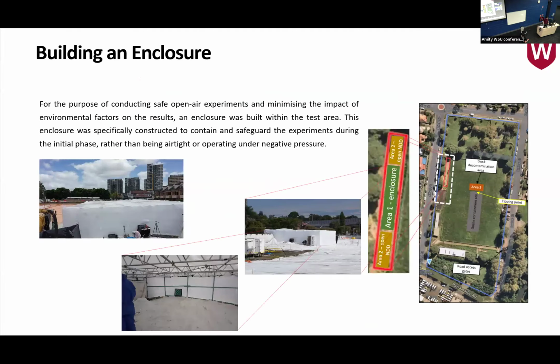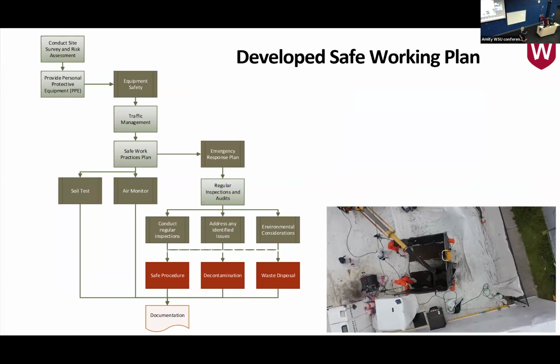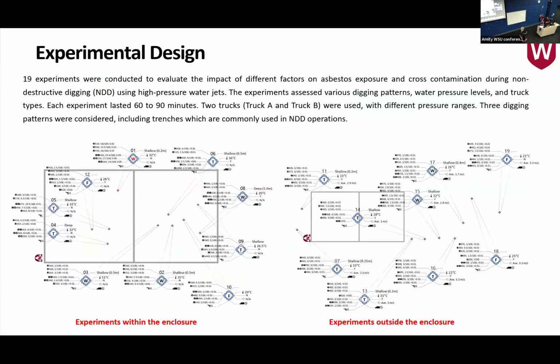So far as related to this conference, this is where we did the data. We first assembled a secured, safe, contained space, because we were not sure at the beginning.